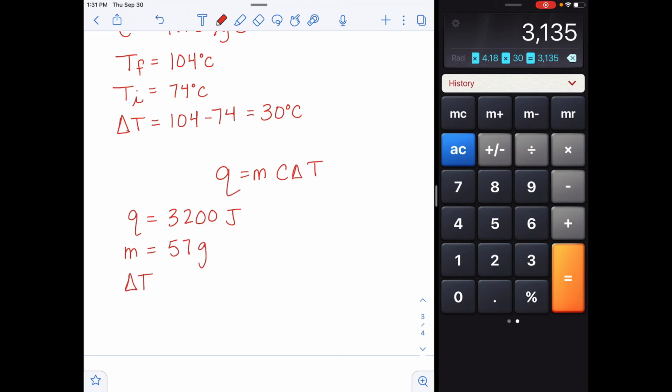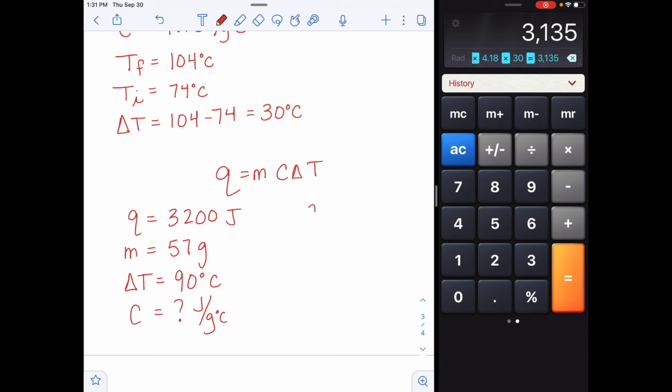And the temperature changed by 90 degrees Celsius. So in this case, the C value is what I'm looking for. Now, I know from other problems I've done and canceling out that my C value is going to end up in joules per gram times degrees Celsius, but you can figure that out with the math.